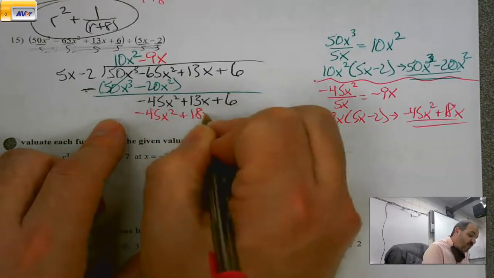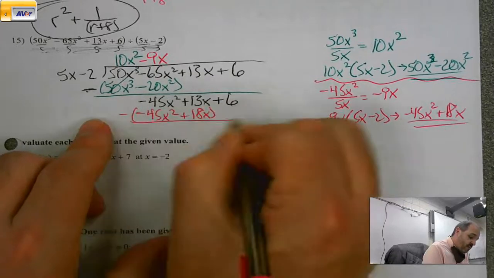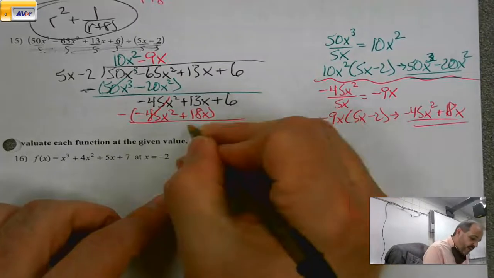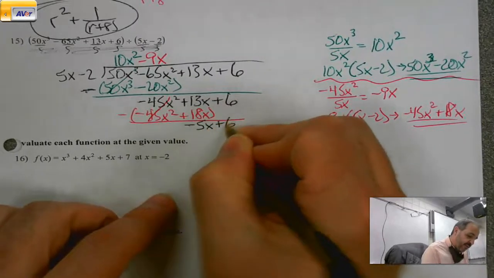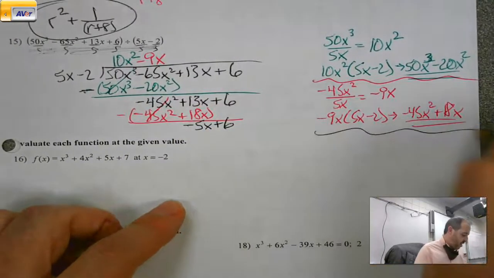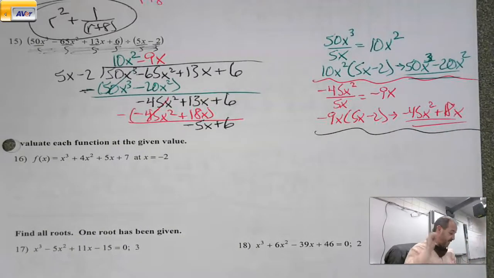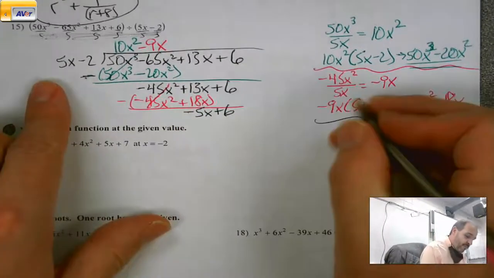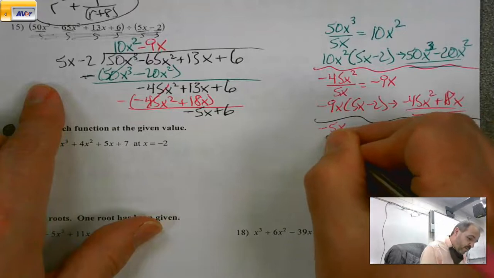And again, you're subtracting this. First terms cancel. 13 minus 18 is negative 5x. You're like, Hardy, how much longer do I have to keep doing this? Well, in looking, looks like one more time, because I can still divide that by that. Almost there.